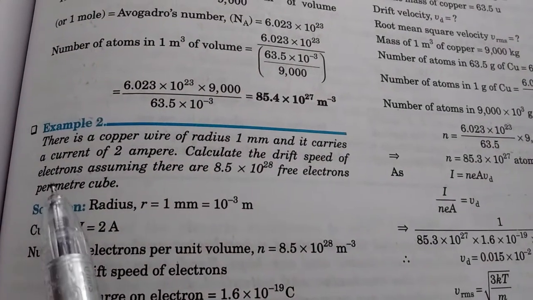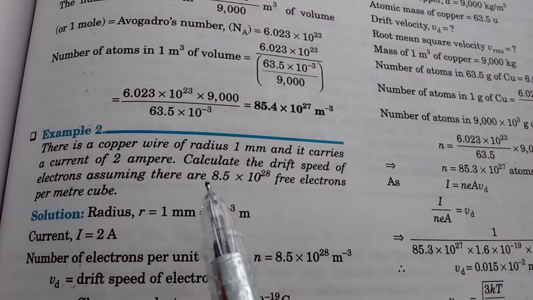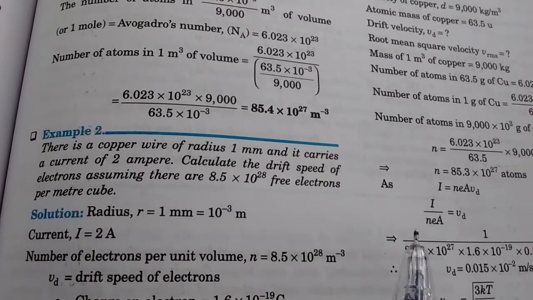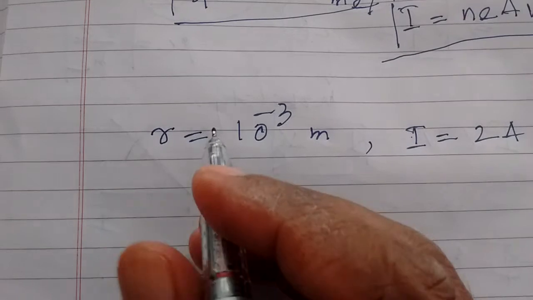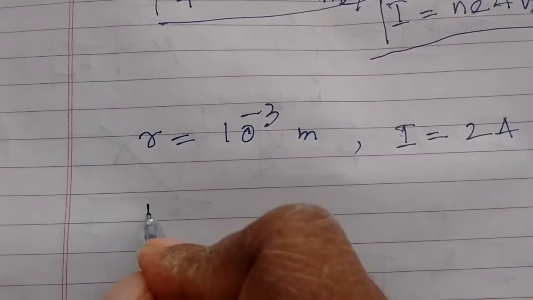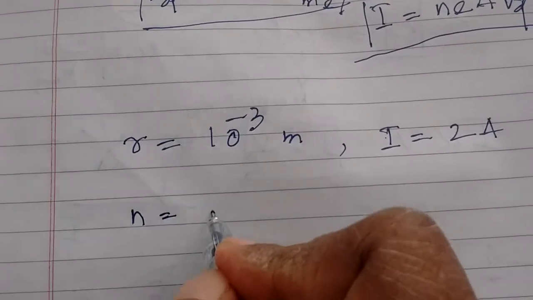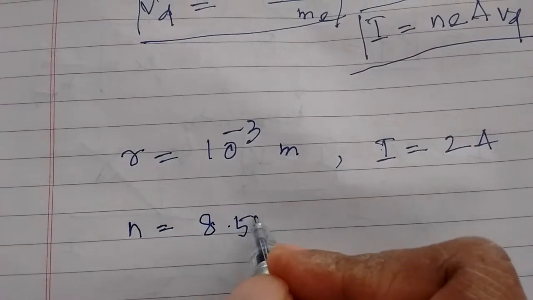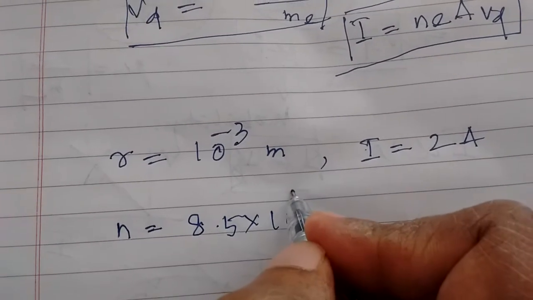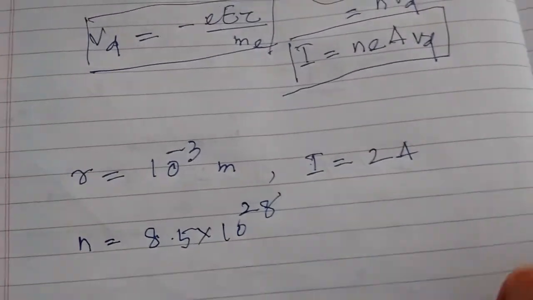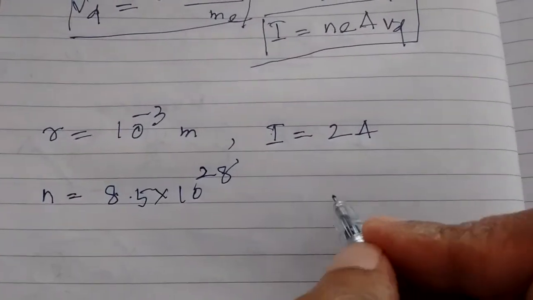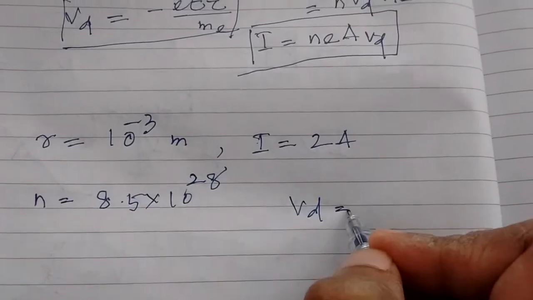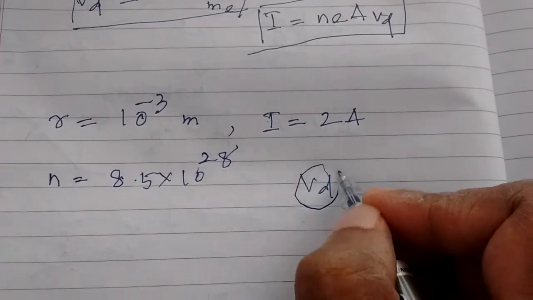Calculate the drift speed of electrons assuming there are 8.5 into 10 to the power 28 electrons per meter cube. Per meter cube means concentration. So N is nothing but number of electrons per unit volume, that is 8.5 into 10 to the power 28. Okay. We need to calculate Vd. What is Vd?